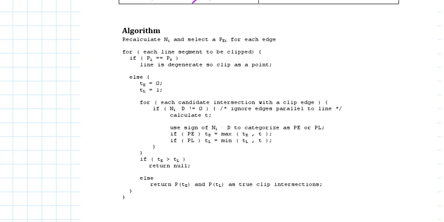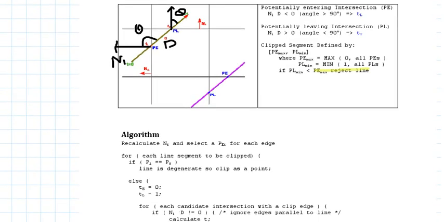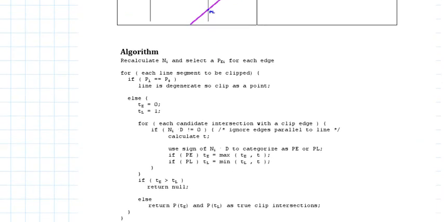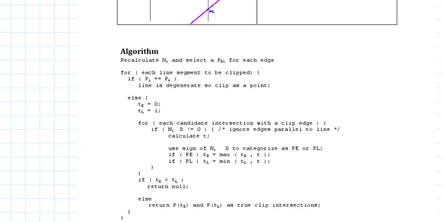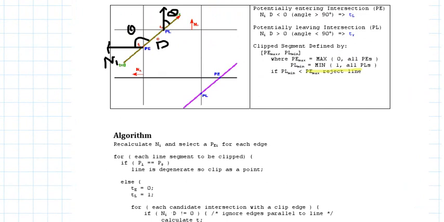It asks you to calculate Ni for each edge and decide one PEi for each edge i. Then for each line segment to be clipped, here we have two line segments in this example.